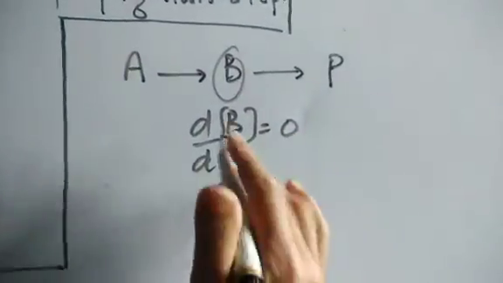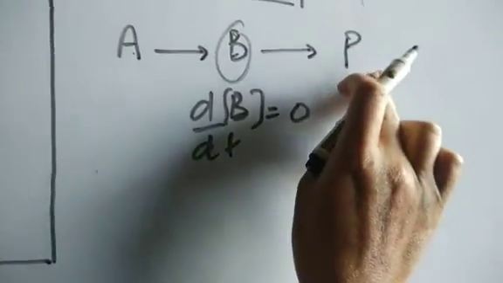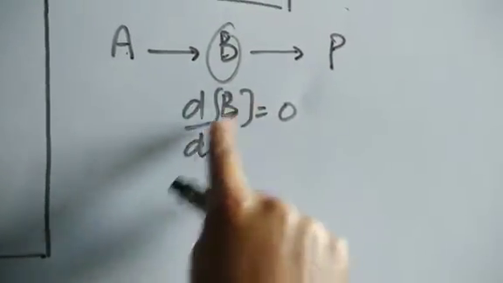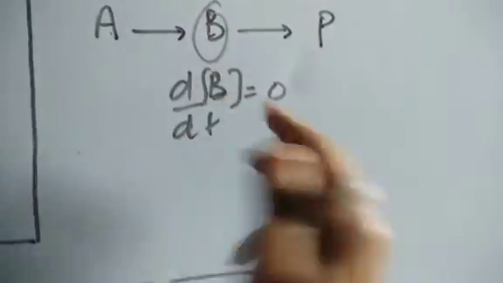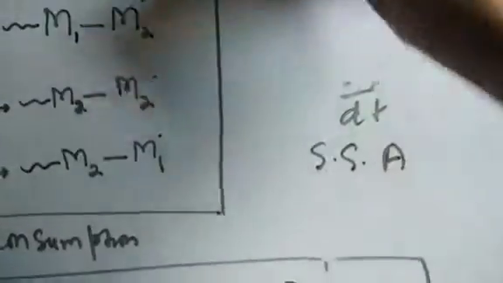The rate at which B is formed is the same rate at which B gets consumed. This is called the steady state approximation principle. So now let us apply the steady state approximation principle here.